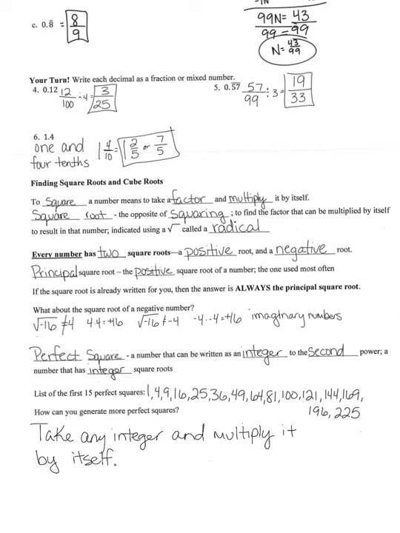And the result of that, because you're multiplying it by itself or squaring it, is what we call a perfect square. So I ask you to find the perfect square for 22. So what is 22 squared? I'm going to leave you with that as you finish this video.